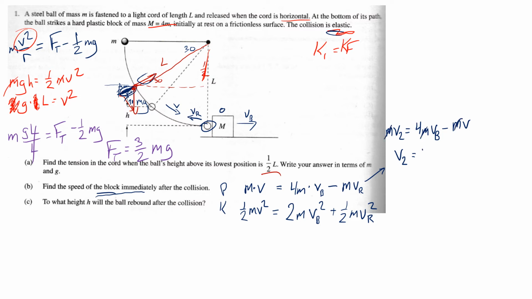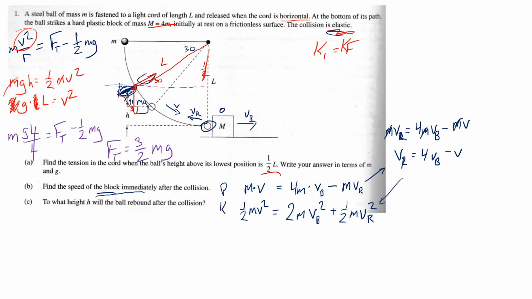That's the ticket. 4VB minus V. Oh, sorry, V2 is VR. My bad. Looks like an R. All right, now we know what VR is equal to.